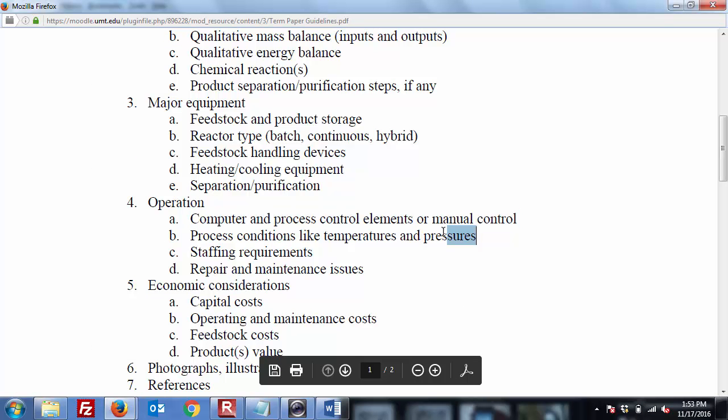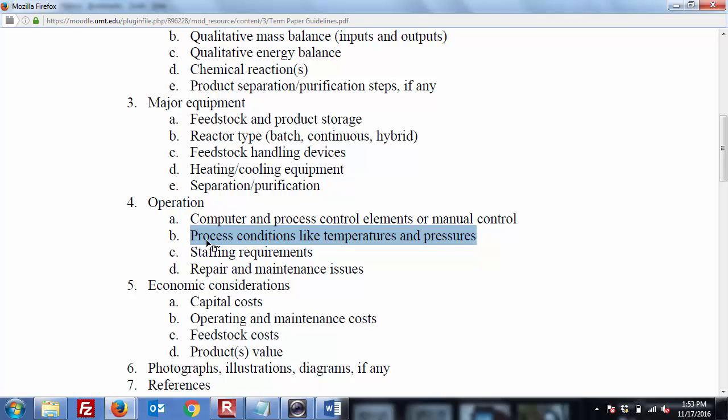Okay, so the other point here is just to be quantitative in your description of your fuel system. So talk about the temperatures, talk about the pressures, staffing requirements. One thing that we're looking at for our waste to energy process.